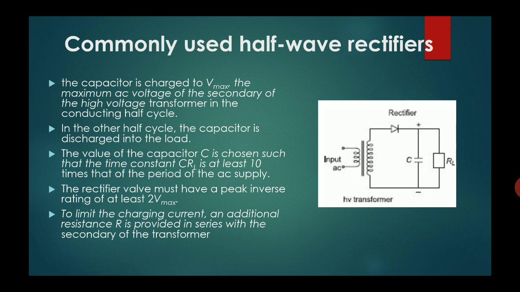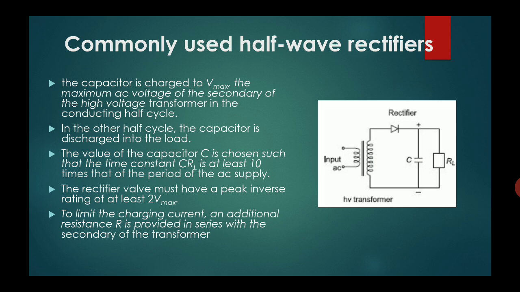Now when we remove the AC input during the negative half of the cycle, the charged capacitor is going to charge the load in the same direction. So it is actually used to reduce the amount of ripples in the DC.